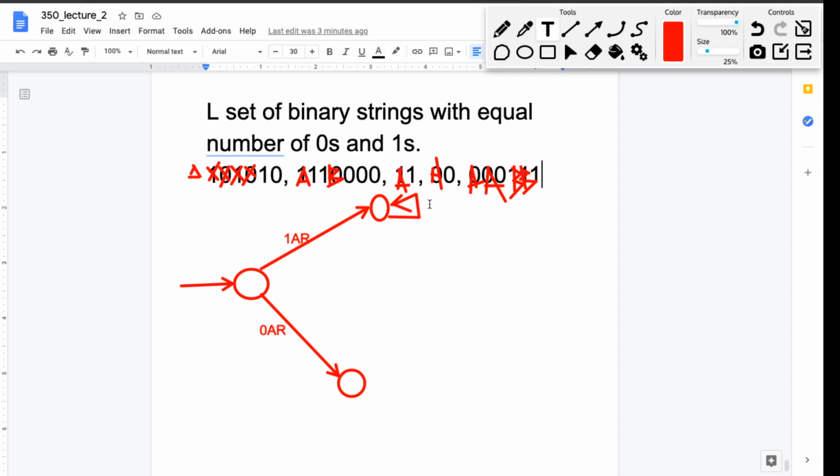Then here I'm going to be skipping. What am I going to be skipping? If the first symbol I saw was 1, for example A, then I need to be skipping all the 1s. So I'm going to have 1, 1.